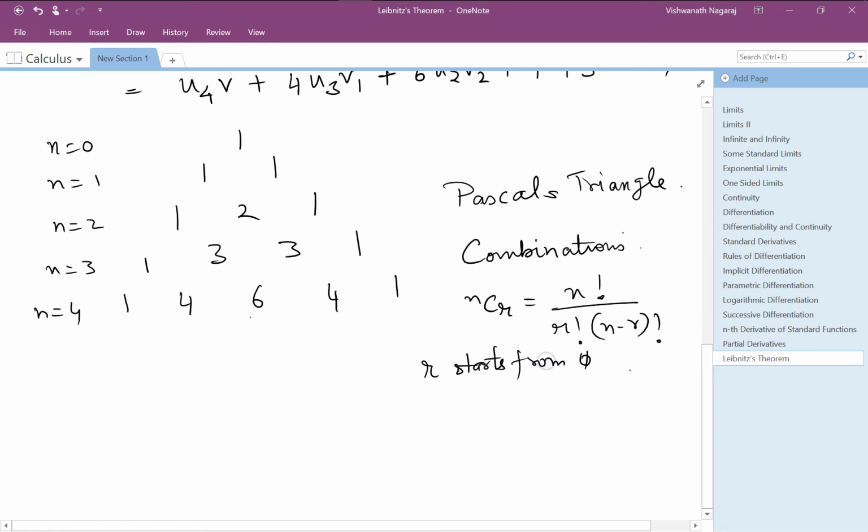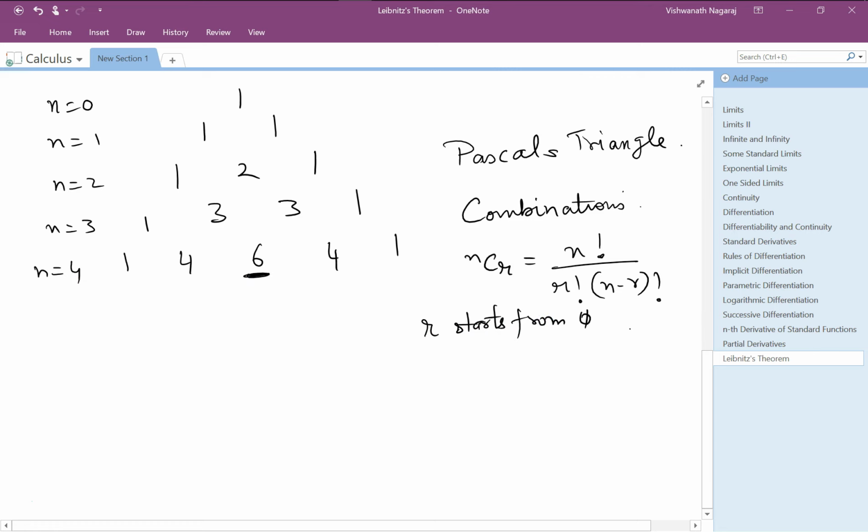Don't forget that r starts from 0. Let's say we want to find the coefficient of the third term in the fourth derivative. It will be r equal to 0, 1, 2.